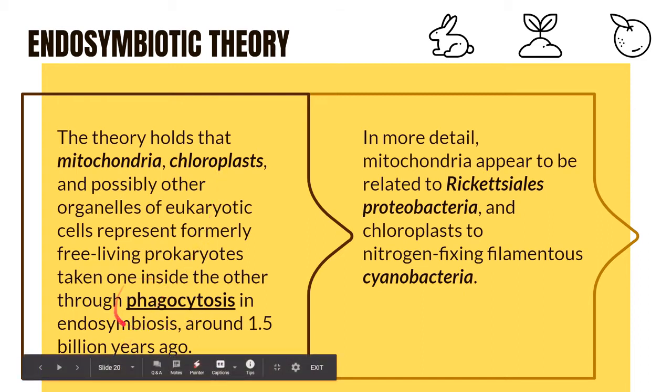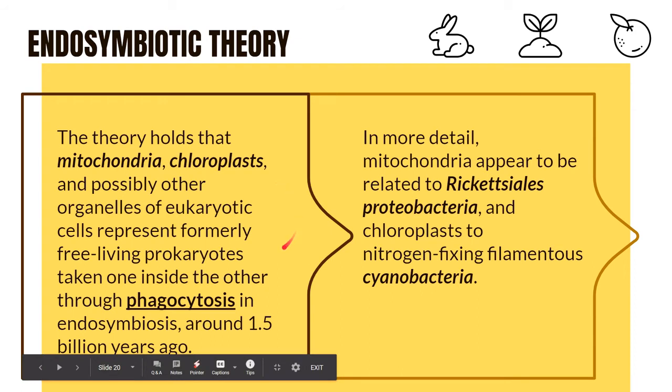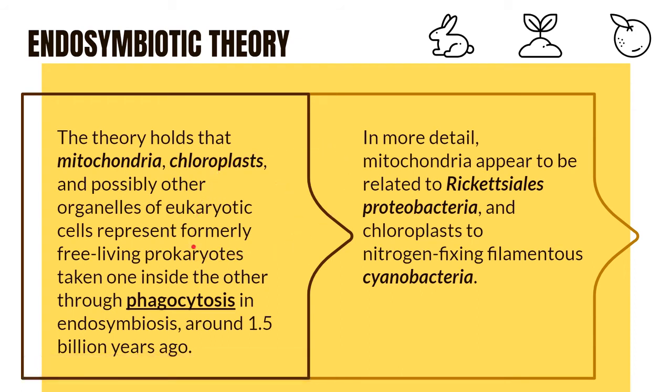Phago here means cell feeding. That happened around 1.5 billion years ago. That process is called endosymbiosis, the feeding of or the inclusion of these separate organisms into a bigger cell.